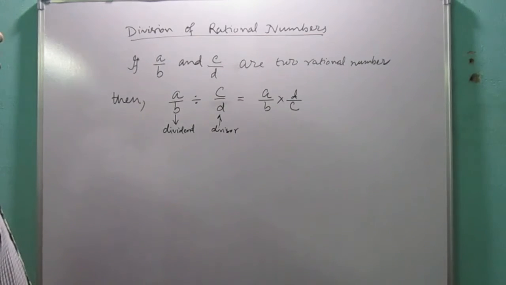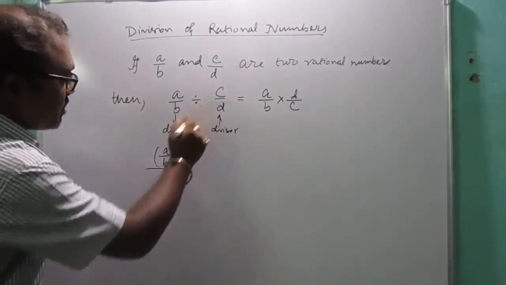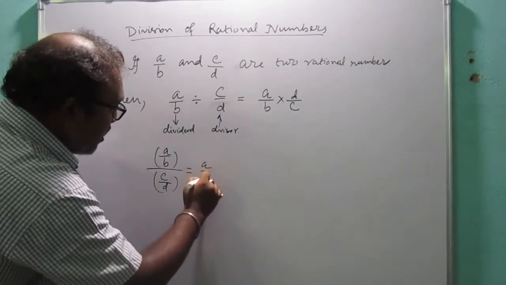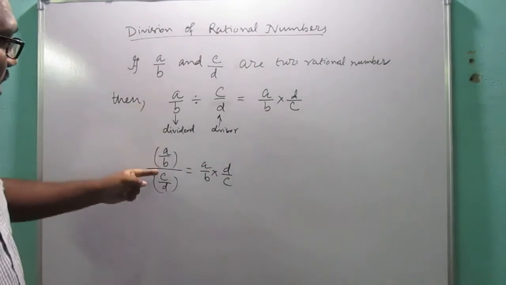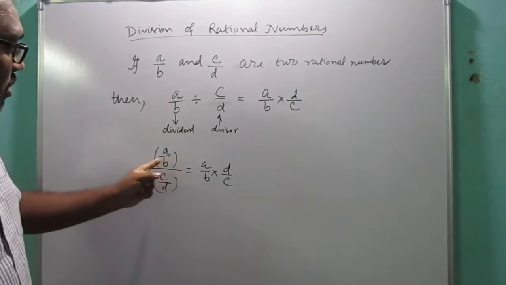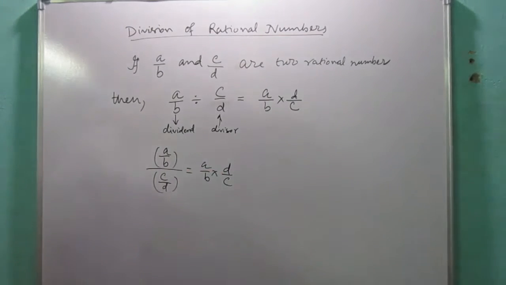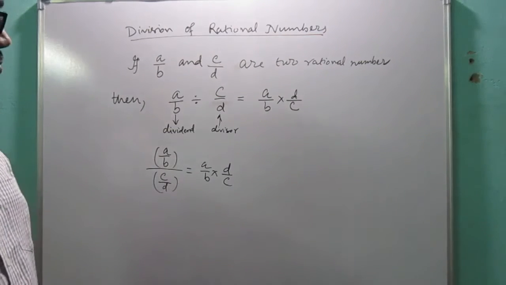Now we can write that A by B divided by C by D is equal to nothing but A by B into D by C. So that is the main funda of division of two rational numbers. Okay, now we shall discuss the properties of division of rational numbers.